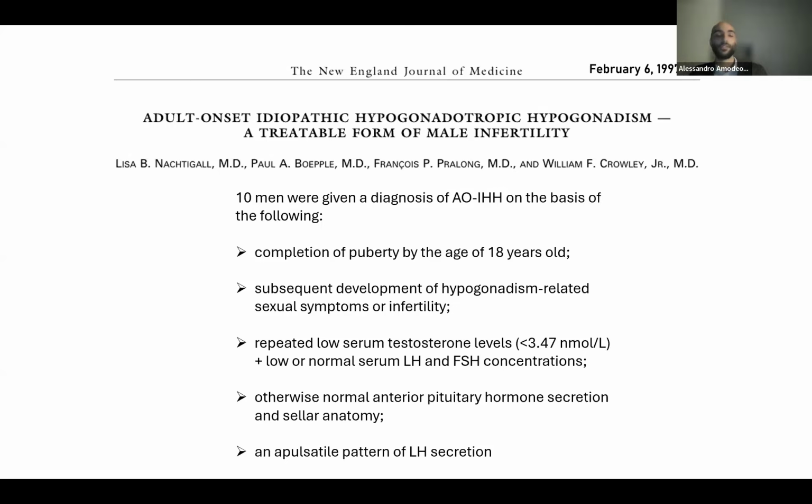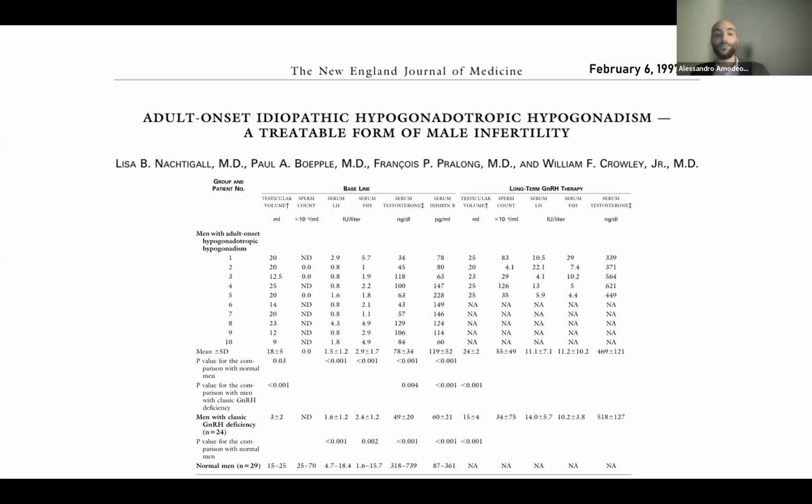The authors of this famous New England Journal paper of 1997 were among the first to describe them. They described that the people with adult onset idiopathic hypogonadotropic hypogonadism had a lower testicular volume and lower testosterone and inhibin B concentration compared to the general population, to normal men, but higher compared to classic prepubertal gonadotropin releasing hormone deficiency.